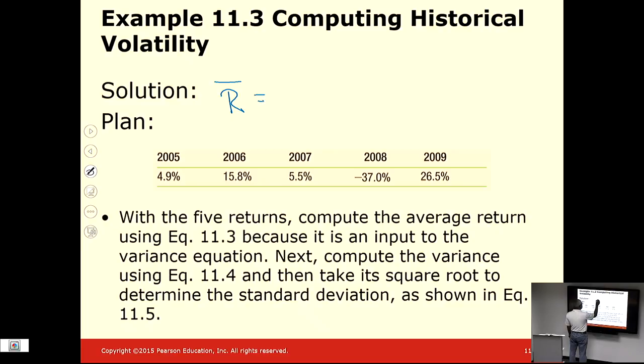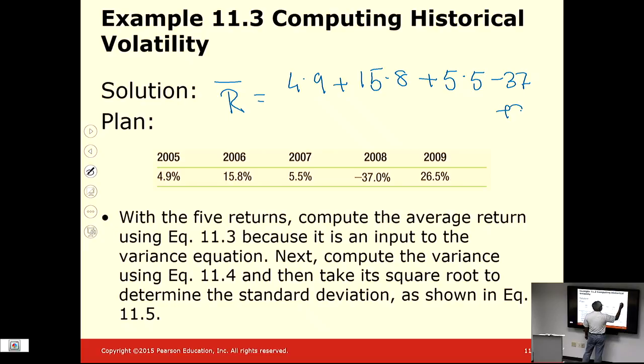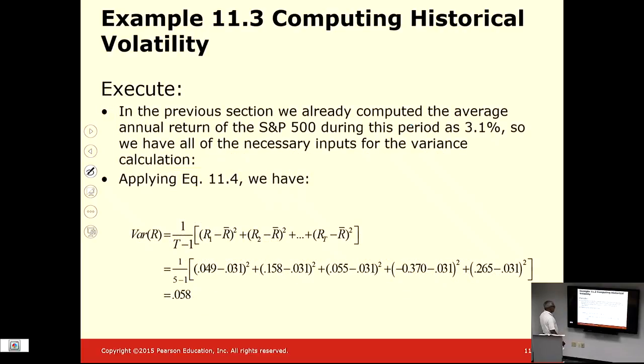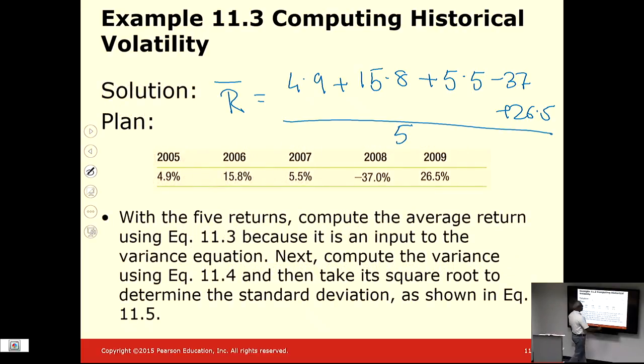Mean value would be 4.9, 15.8, 5.5, -37, +26.5. This whole thing divided by 1, 2, 3, 4, 5 observations. If I do that, that comes out to 3.1%.